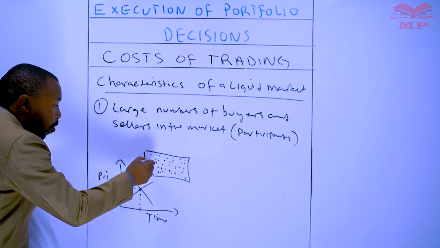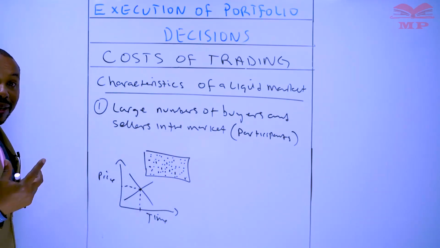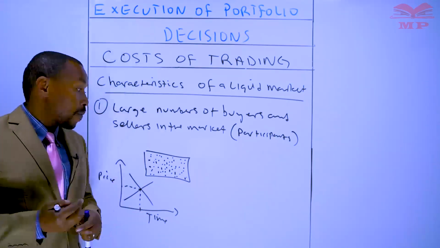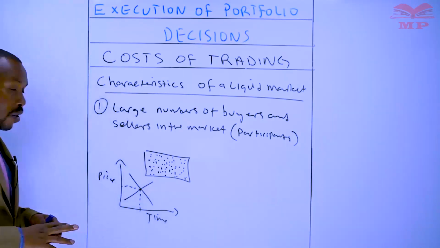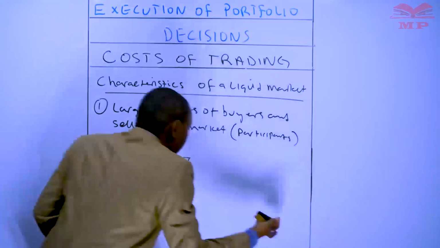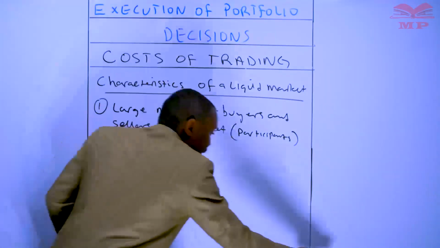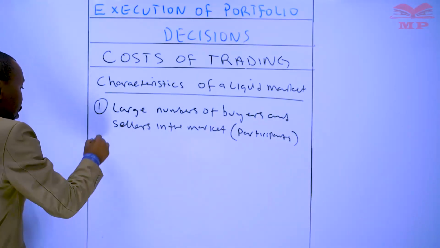So if there are a large number of buyers and sellers in the market like this, then it means that in that market, the prices of securities or the prices of assets will fully reflect all available information pertaining to that security. So that's what I'm saying, that first characteristic is that there has to be a large number of buyers and sellers in the market.